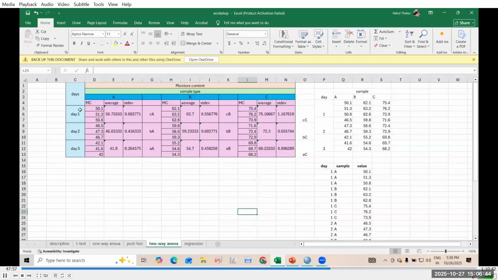The moisture content has been recorded on 3 different days in triplicate. We'll see how the two factors, sample type and number of days, affect the moisture content significantly or non-significantly.